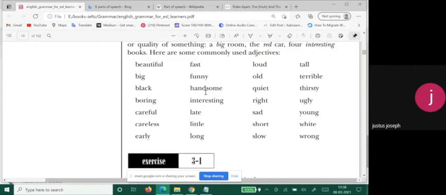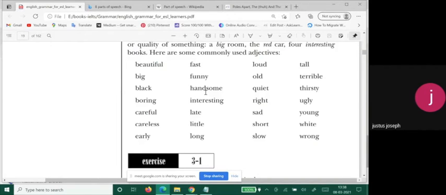Quiet. Be quiet. Don't let your emotions out. Keep them inside. A quiet place, very good. Thirsty: a thirsty crow, very good.